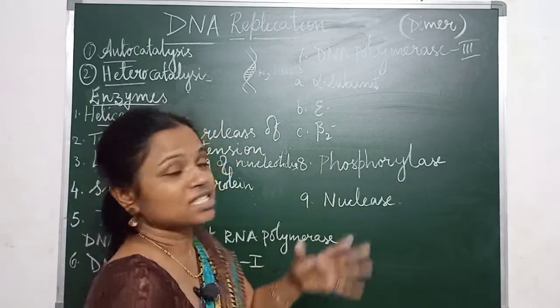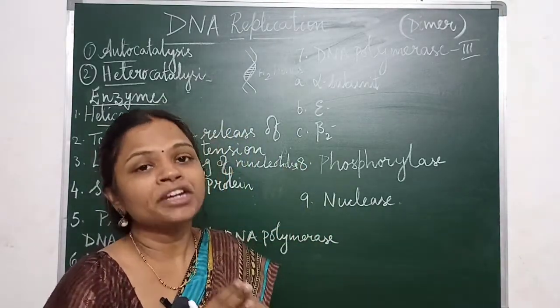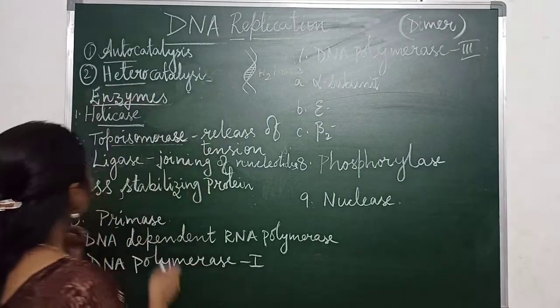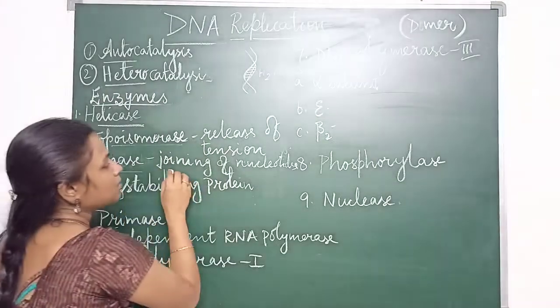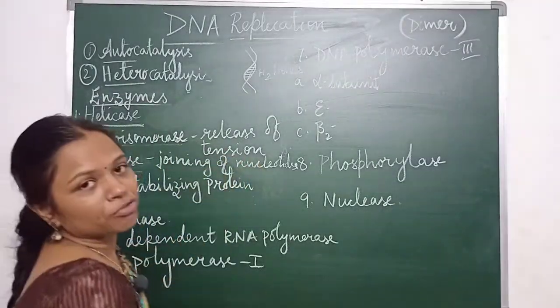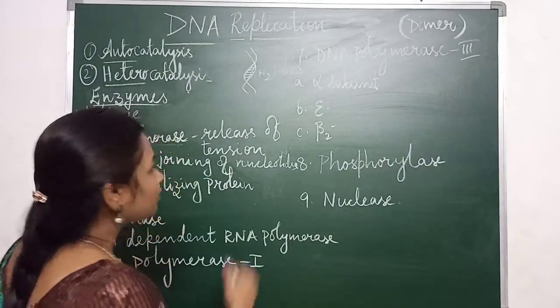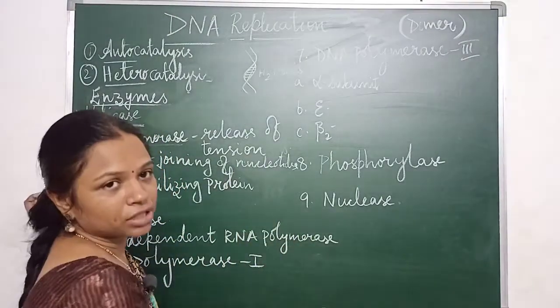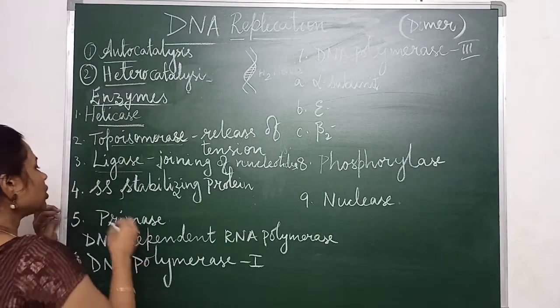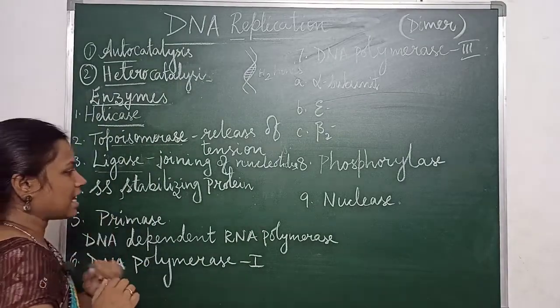So these chains also have to be joined together. In that process also, this ligase helps in the rejoining of the nucleotides. That we will be learning further in this video. Now coming to the next enzyme.